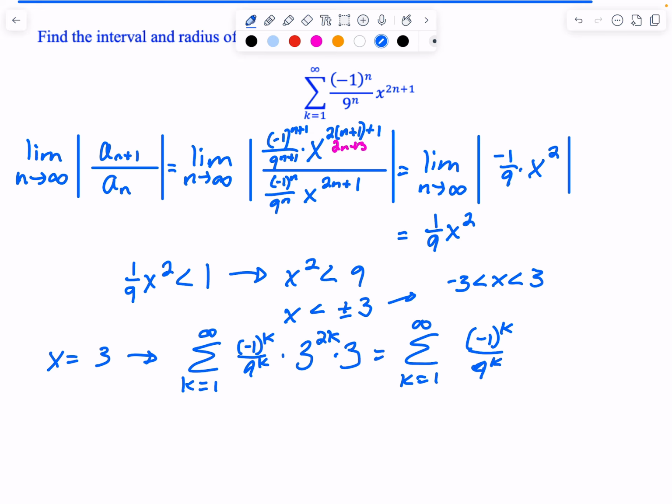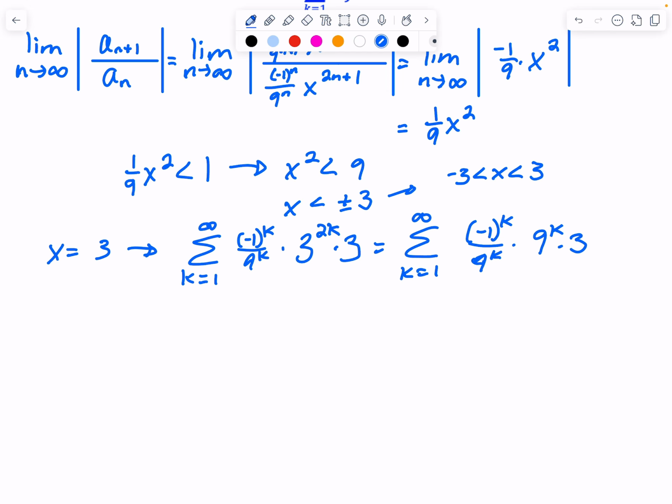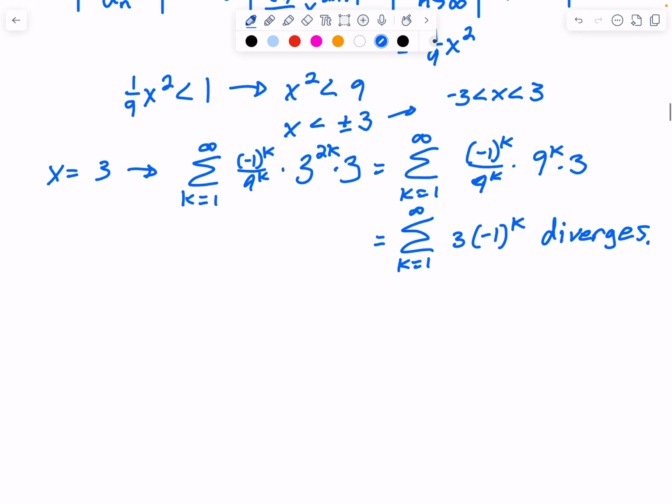Nothing changes there. And then I'm going to get times 9^k times 3. All I did was do 3 squared. The reason I did that is the 9^k's now are going to cancel, leaving me the sum from 1 to infinity of 3 times (-1)^k. And that definitely diverges because I'm just going to get 3 plus -3. It's just going to go from 3 to 0. Right, so that diverges. So nothing at 3.